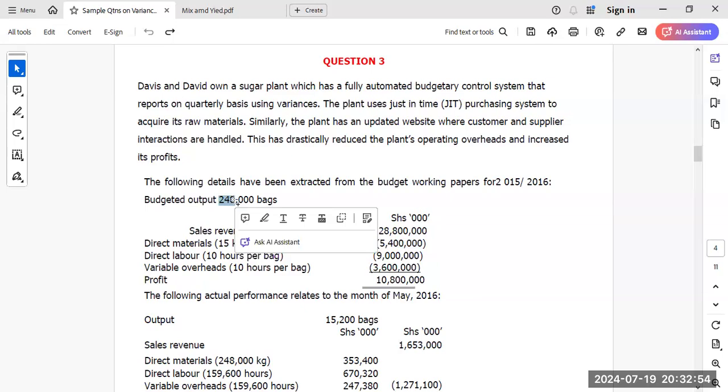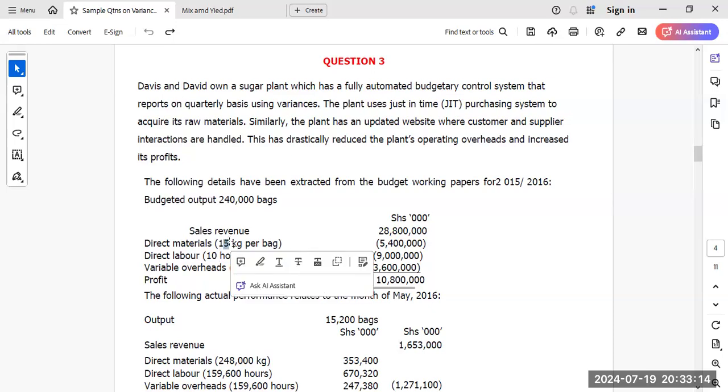The answer you get on your calculator is direct material cost per bag. But we need direct material cost per kg. So the answer you have now, divide it by 15.